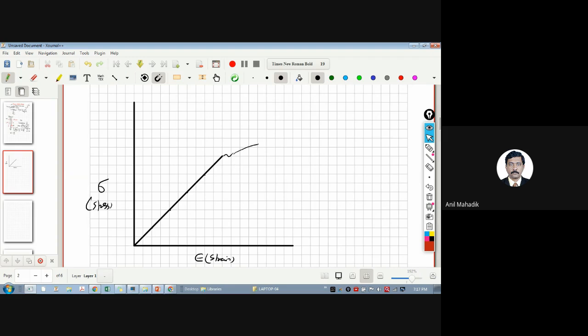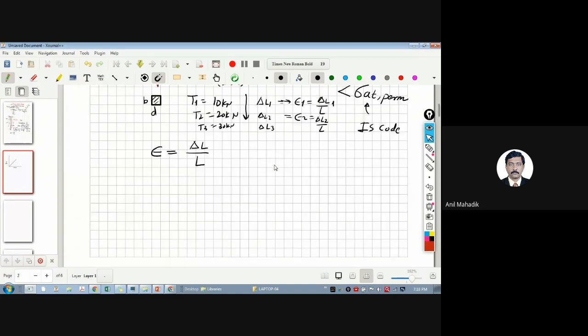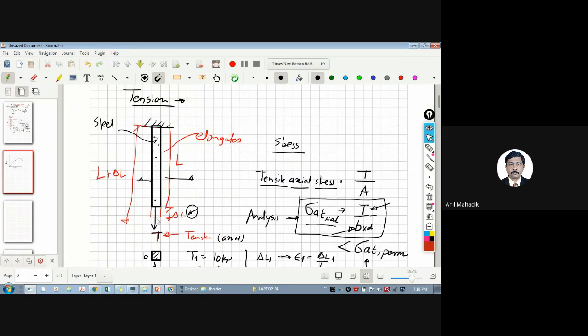Strain will increase very high, like this. And after some point, it will break. Once you increase this force, after some point, this will form a neck like this, right? And after that neck formation, it will break. So there will be two pieces of this section.